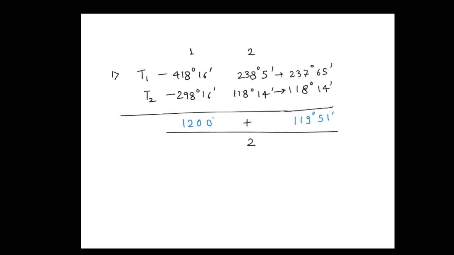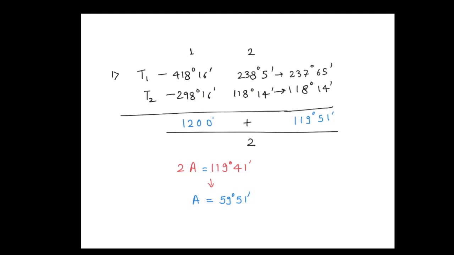Till now keep it in minutes only. So our answer is coming out to be 119 degrees and 41 minutes. This is 2A. So now from here A would be simply this divided by 2 again, so it will be 59 degrees and 51 minutes.